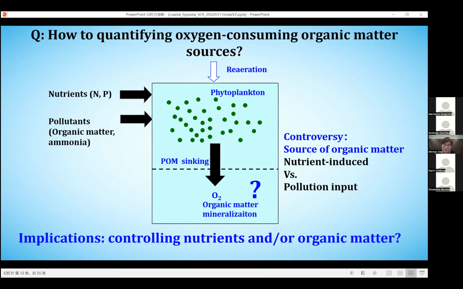So in the coastal zone, the nutrient will stimulate phytoplankton biomass, and the biomass will cause bottom water hypoxia. Alternatively, the pollutants can directly cause hypoxia. So it is really a very important issue to quantify the oxygen consuming organic matter source. And this is related to nutrient management or organic waste pollution controls.